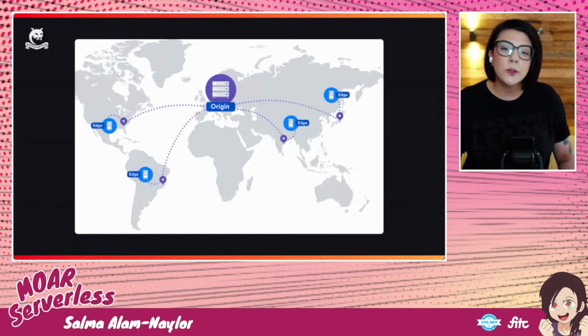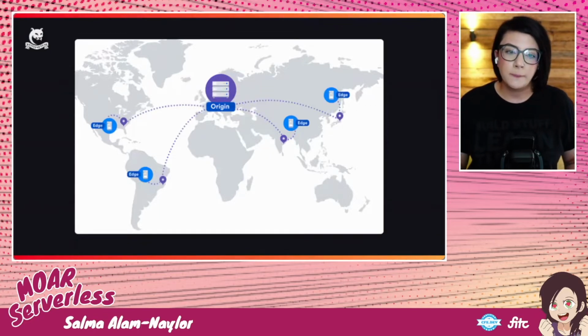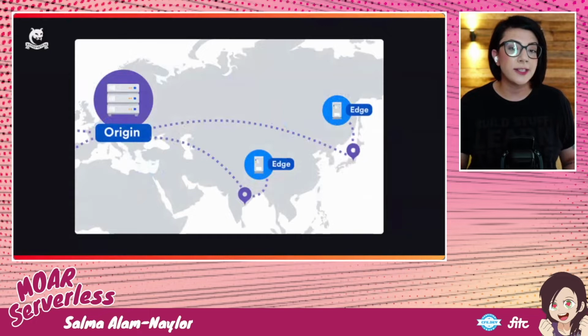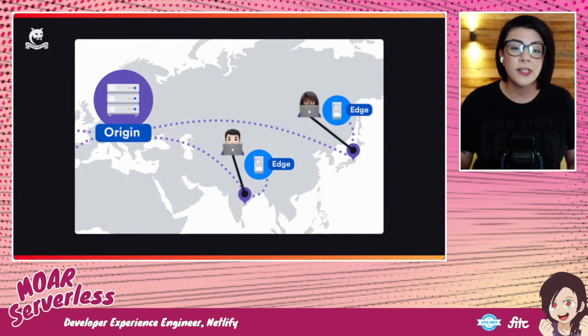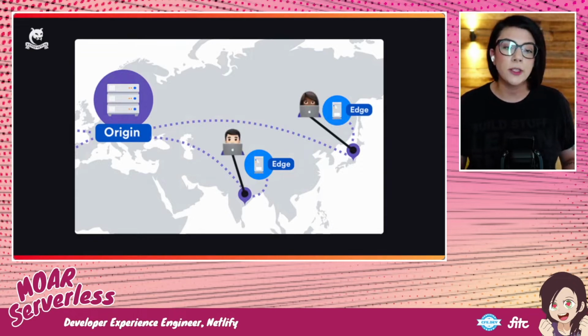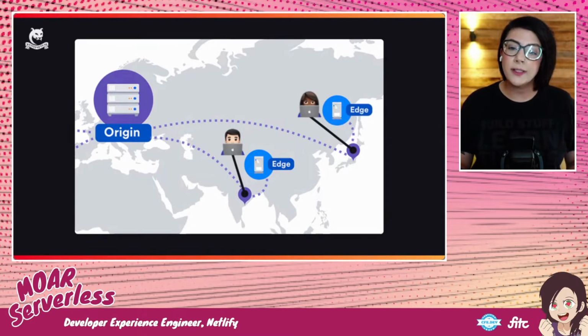A CDN is also known as an edge network, referring to the servers that sit on the edge of multiple networks, which act as bridges to route traffic between networks across the CDN. When somebody visits your pre-generated site on Netlify, they get back the pre-built pages straight away from the closest CDN server node location, and there's no build to run. As a result, people around the world get a fast experience on sites served by a CDN.